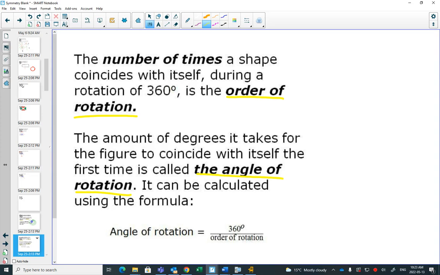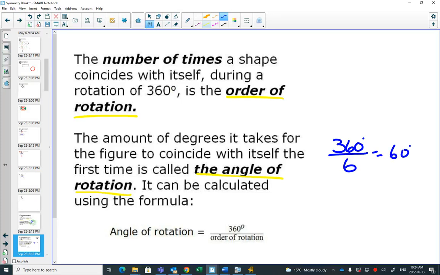And there's a nice formula for this. So you guys figured out that the first one was 60 degrees. All you would have to do in that first one is take the whole circle, which is 360 degrees, and divide by how many times it matched up, which is 6. 360 divided by 6.